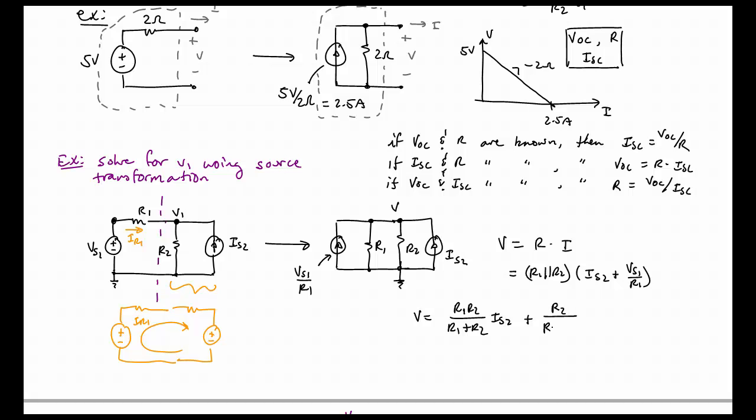The good feeling is that, wow, I was able to simplify a circuit to a single node pair or single loop by using this pretty straightforward transformation. The not so good feeling may be that you saw that we could solve the circuit using nodal analysis, which we did in the previous superposition lesson.